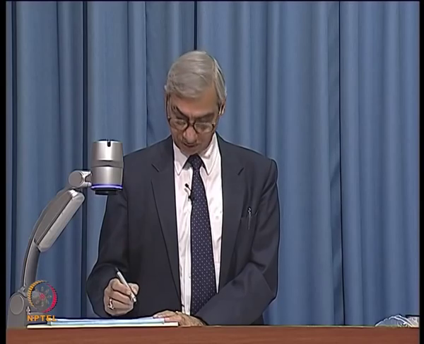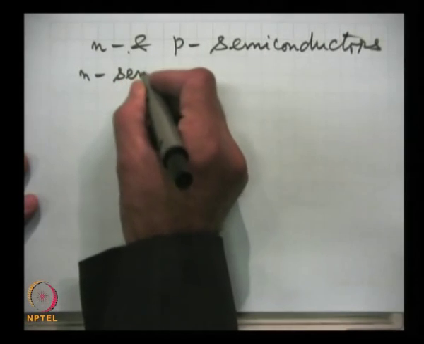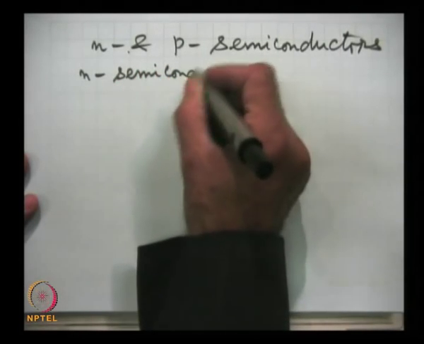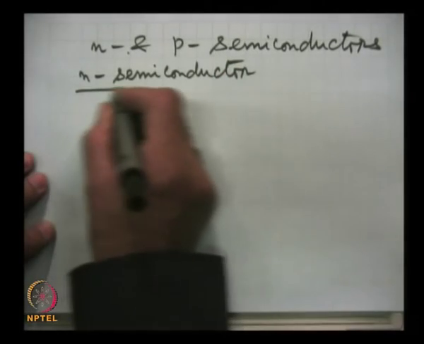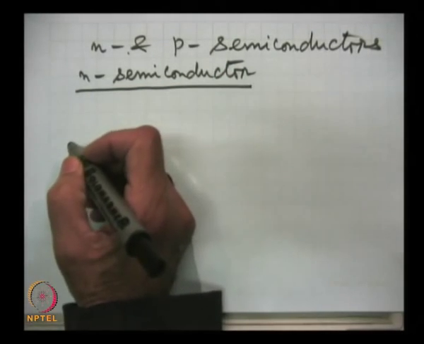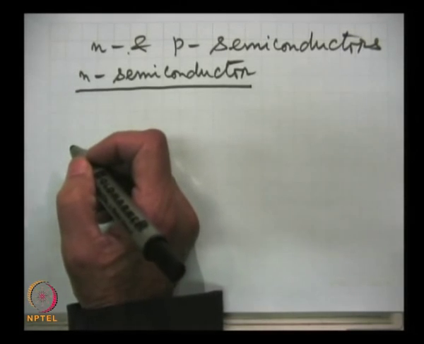First, I talk about N semiconductors. For N semiconductor, we require a dopant, the material which we are going to mix with the pure material.